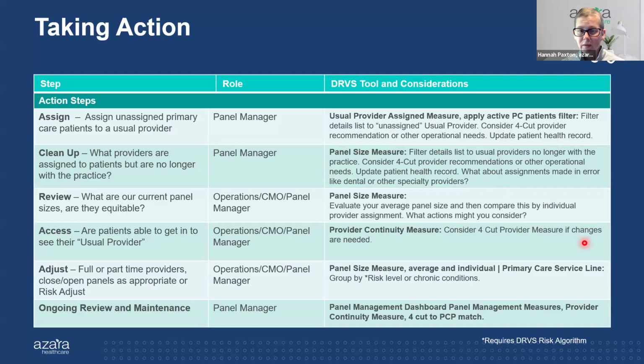You'll use the continuity measure to see if any four-cut provider changes are needed. And as you continue this as an ongoing process, you can continue looking at your panel size measure and then your dashboard. So we're going to look at all of those things together right about now.